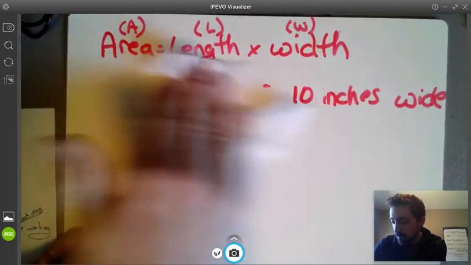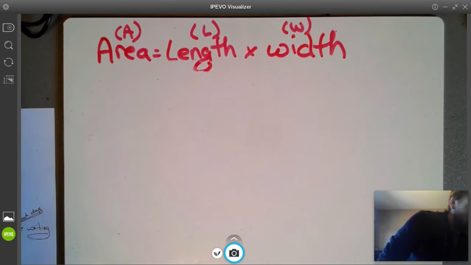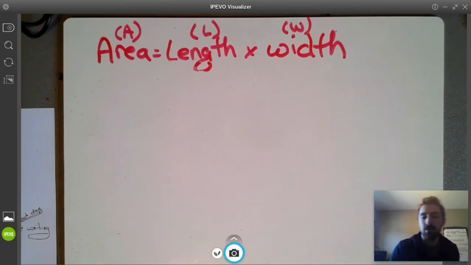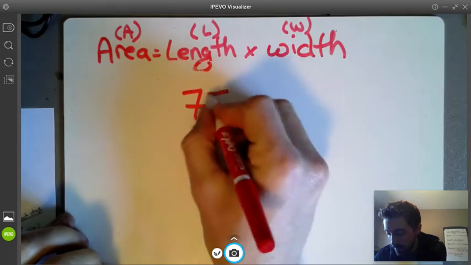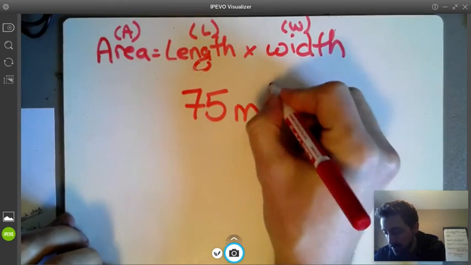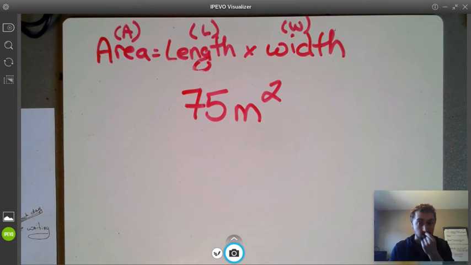So let's say you need to make a rectangle that is exactly 75 meters squared. That's all you have. Say that's how much turf you have, or that is how much grass seed you have to cover it.